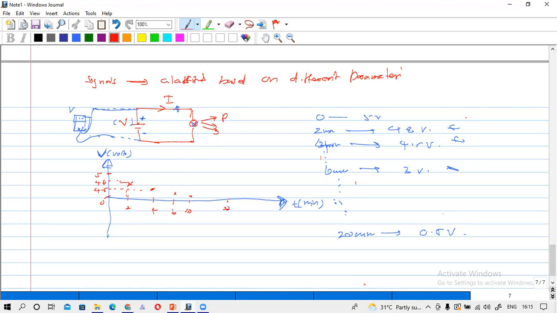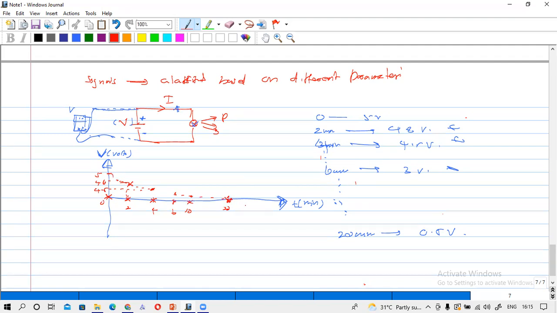Maybe up to 20, it is almost 0. So if I connect these values, I will get a curve like this. So you can see then I get separate time values here. That is the important thing I want to tell you.